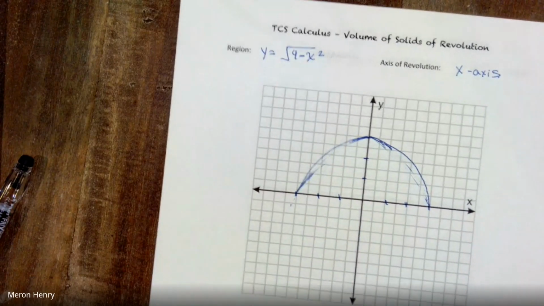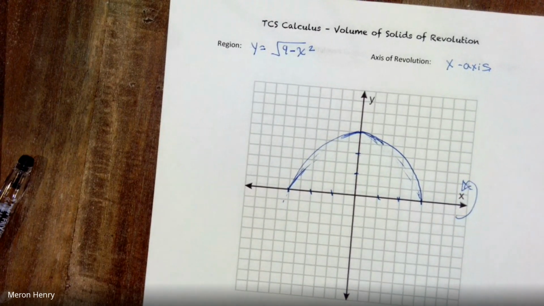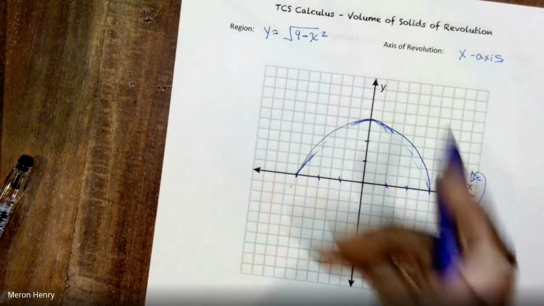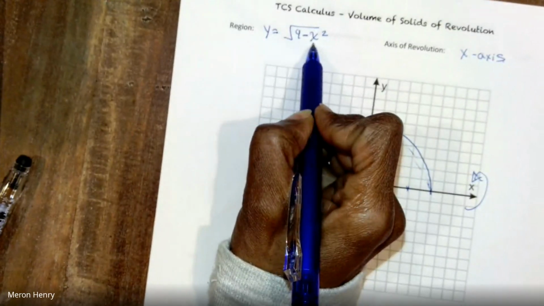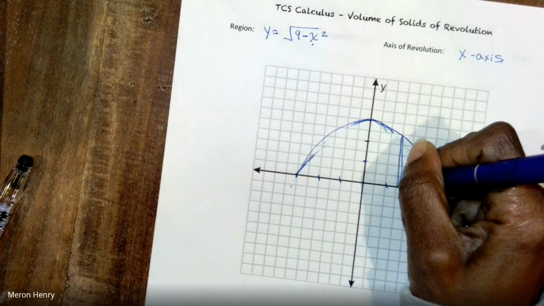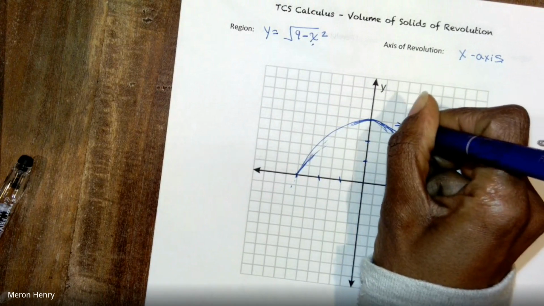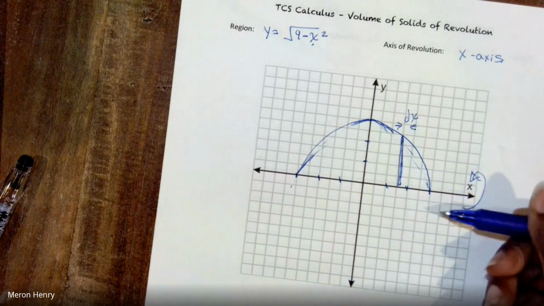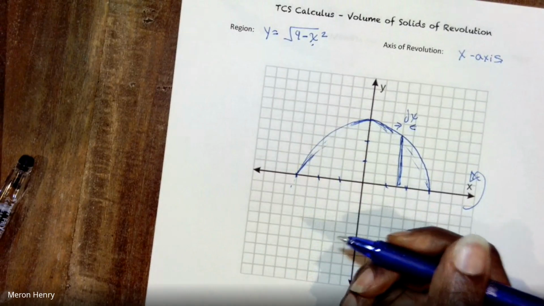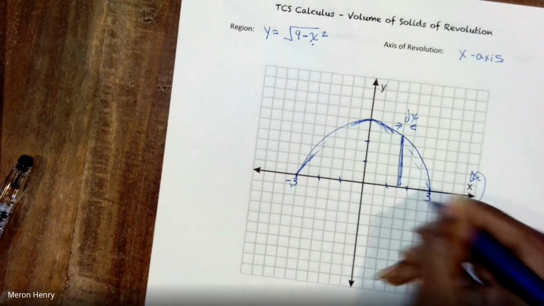Okay. So our revolution is going to be around the x-axis. Our equation is already a function of x, and we're going to have vertical disks, if you will, and our function is revolving around the x-axis. So when we look at our interval, it's going to be from -3 to 3.